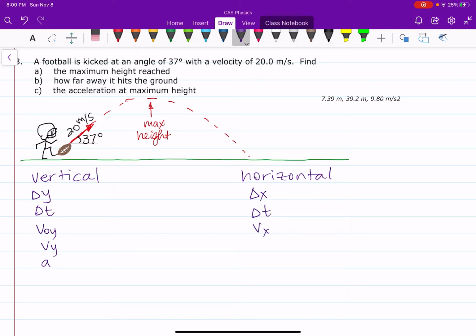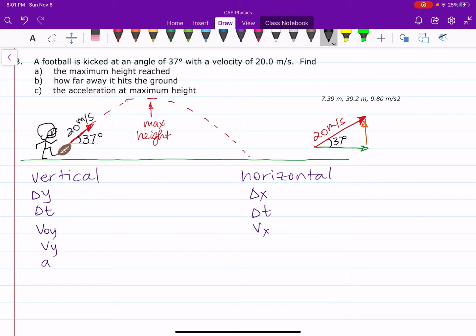And in this case, again, like in the previous problem, this velocity vector has a vertical and a horizontal component. So if I was to draw that vector over here, it would be 20 meters per second. And then I could break it up into the horizontal, this one, and the vertical components, right?